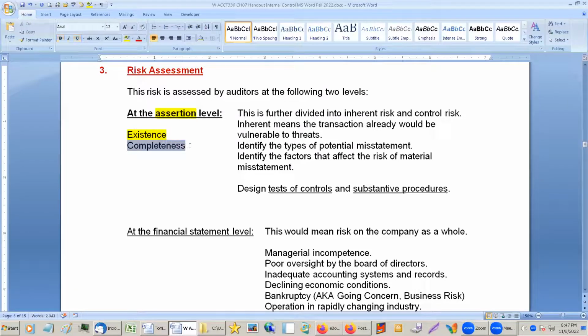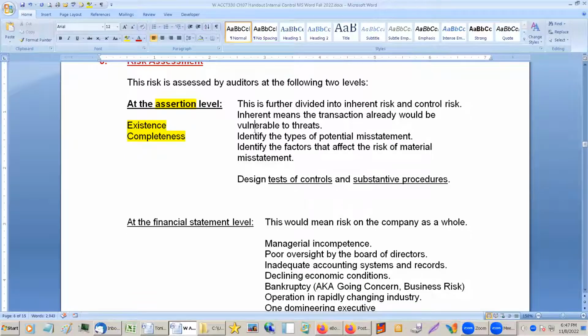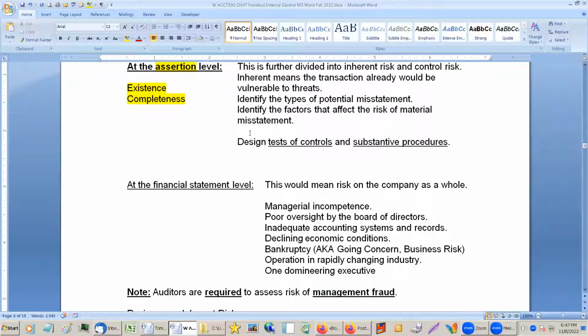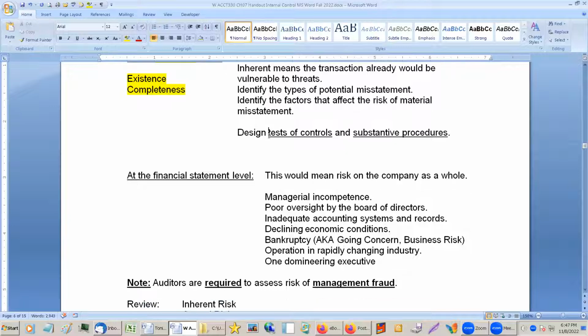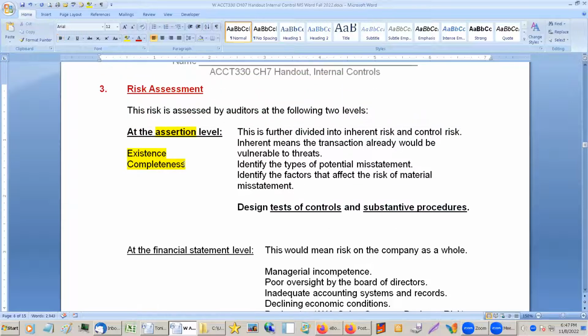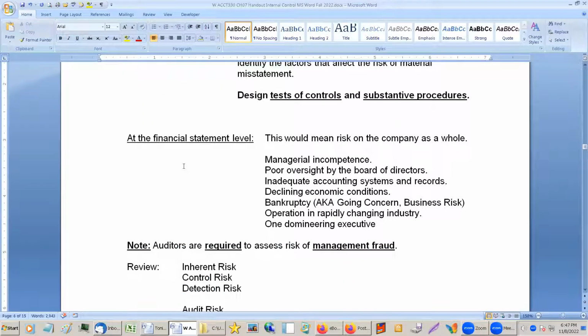Does this asset exist? Are all the assets included in there? Those are the assertions, and this is the kind of risk we would normally think about. Generally we design tests of controls and substantive procedures to figure out whether those are materially misstated, whether there's a problem with them.